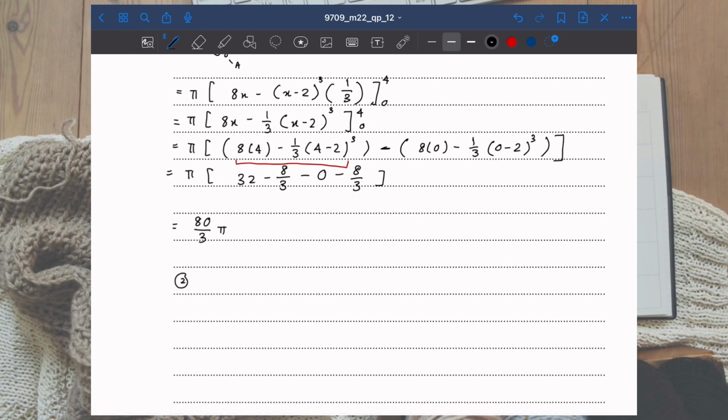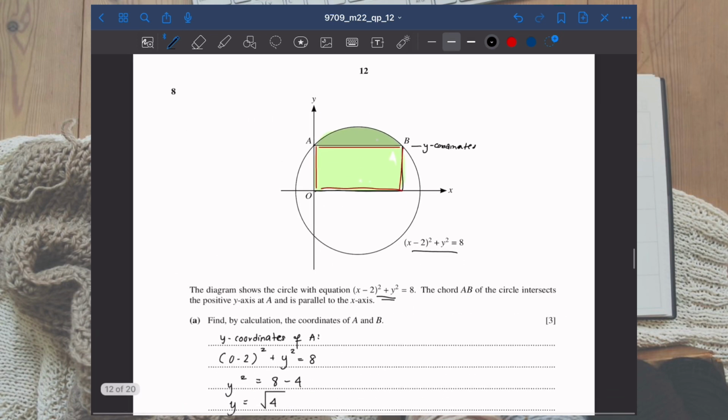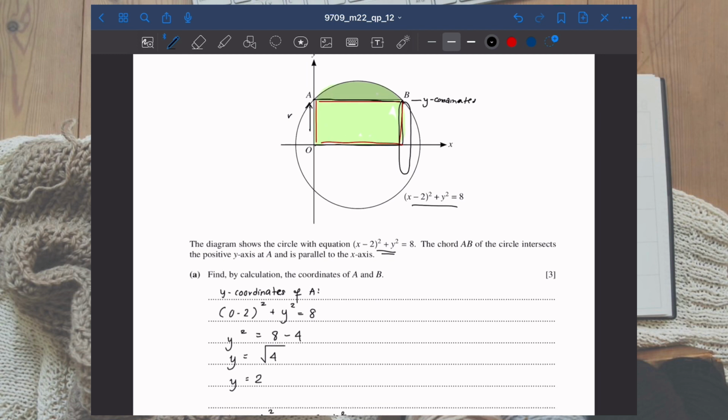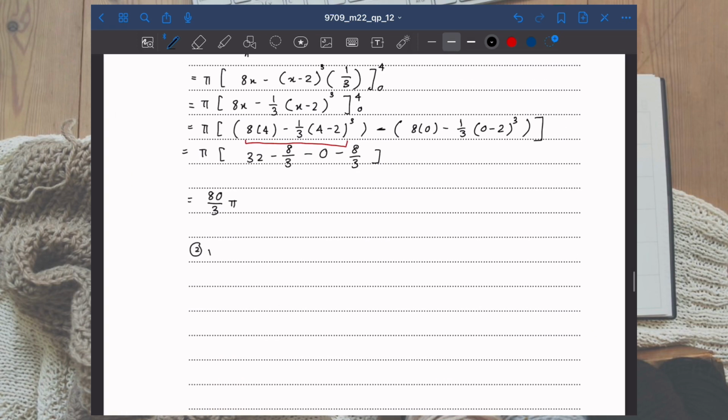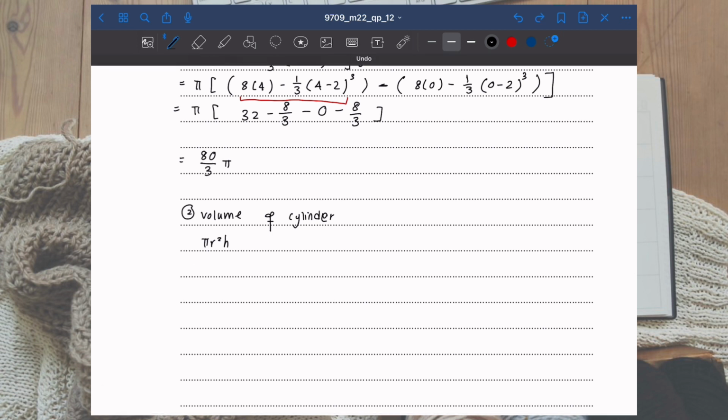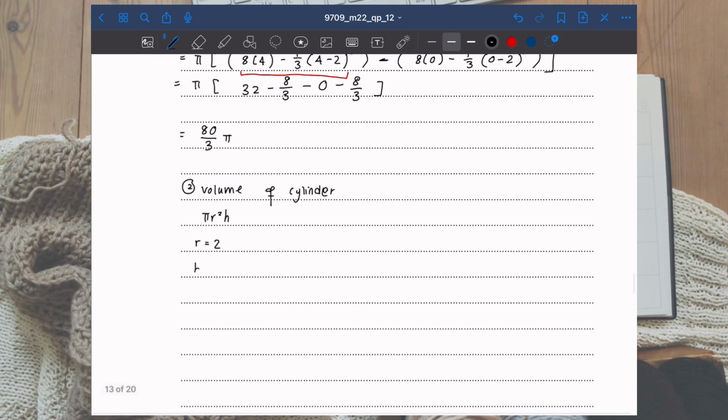Next, we need our volume of revolution for our rectangle, which is basically a cylinder. The radius is your y-coordinate, and your height is the x-coordinate of B minus the x-coordinate of A. So the volume of revolution of your rectangle, or cylinder, will be just πr²h, where r is 2, which is your y-coordinate, and h is 4 − 0, which is 4.